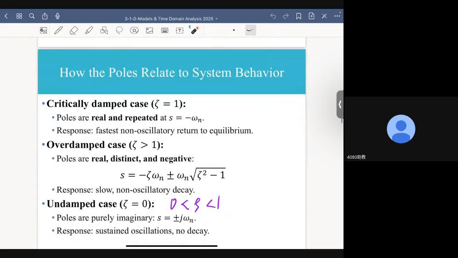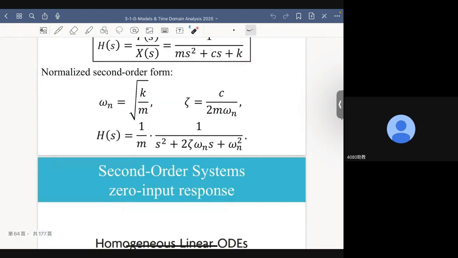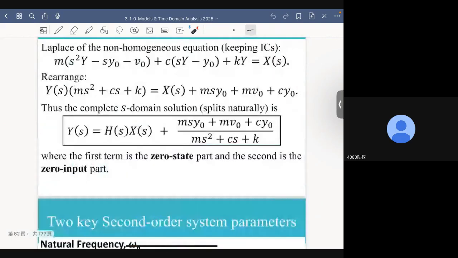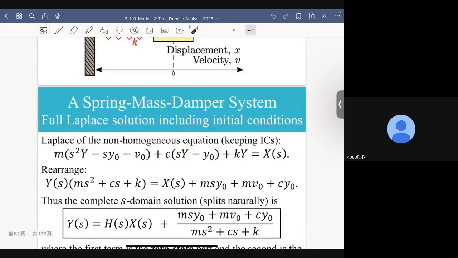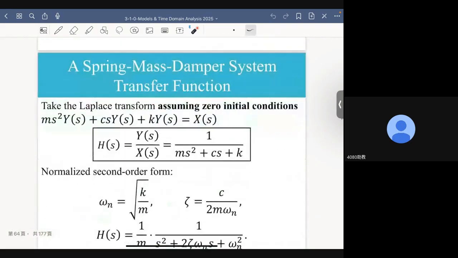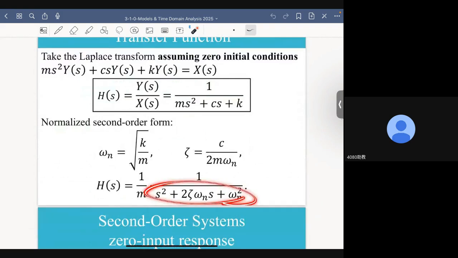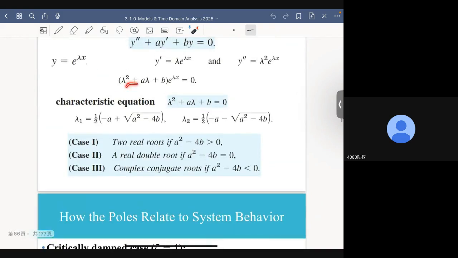Now, for our problem, our linear differential equation comes from here, and its characteristic equation is this, which corresponds directly to this characteristic equation.